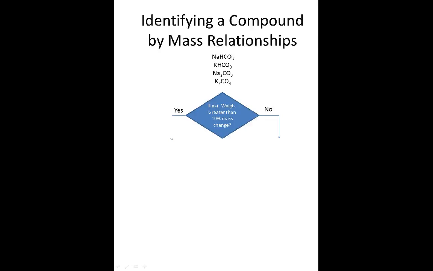Okay, in this lab we're going to figure out how we can identify from an unknown 4 different compounds that we're working with. And let's say we know we're dealing with compounds that have carbonate or hydrogen carbonate in them.